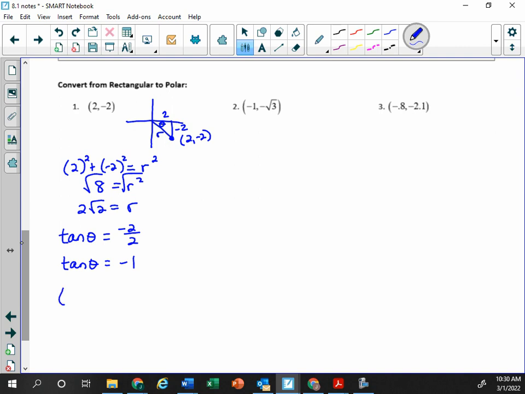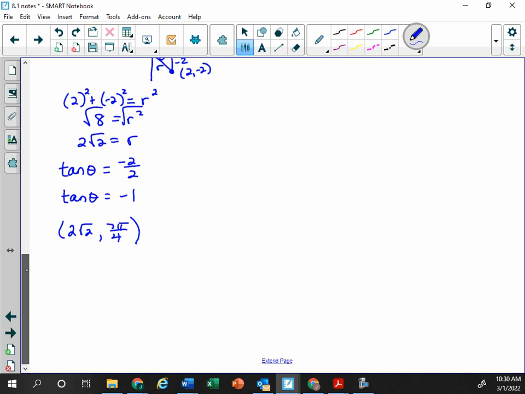So we can say this is 2√2, 7 pi over 4. There are other ways you could label that. You could absolutely say 2√2 negative what?